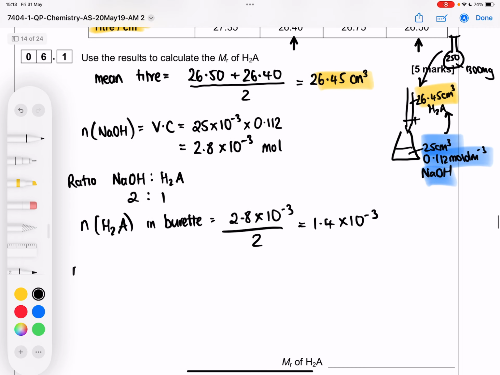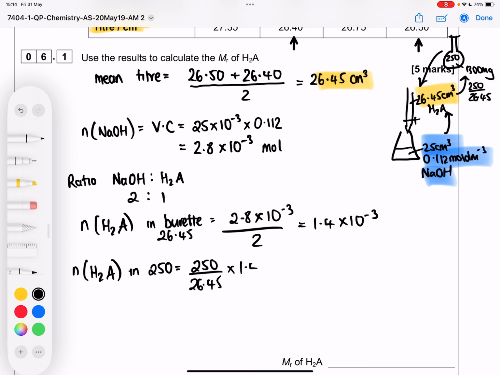Now that's the number of moles in 26.45. So how much H2A was in the big flask, in the 250? Well, we need to scale up: 250 over 26.45. How many 26.45s are there in 250? So we're going to get times 250 over 26.45.